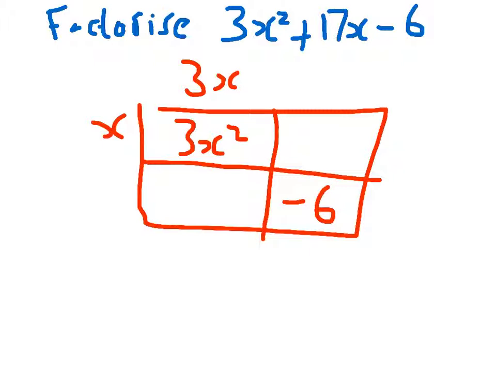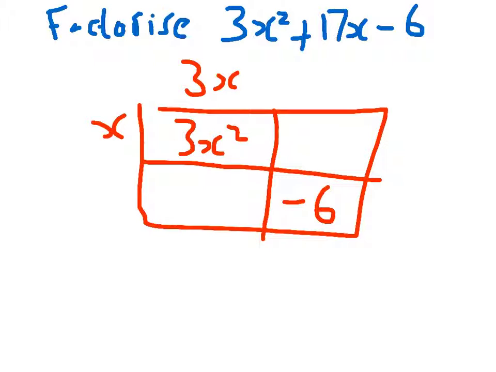Now I want the two remaining bits, they must add up to make 17. One of these numbers will be negative and one positive to make minus 6. And I suspect that it must be either 3 and 2 or 6 and 1. And now I look at 17, I'm already thinking now 3 6s minus a 1.